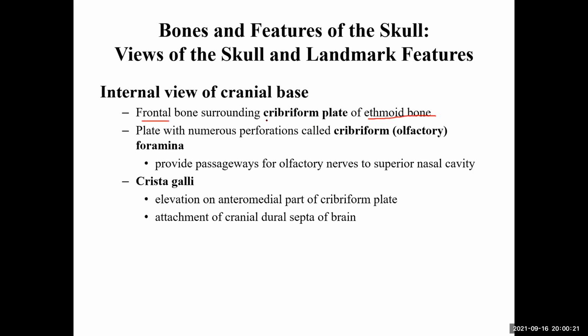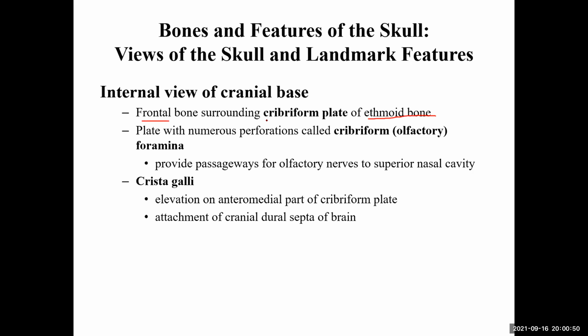And the cribriform plate is basically going to be the structure that has a bunch of holes in it. And what's going to travel through those holes are going to be part of the neurological structures that are responsible for your sense of smell. So in the cribriform plate, you have these holes, and we call those most commonly olfactory foramina.